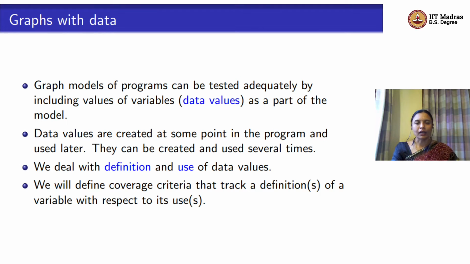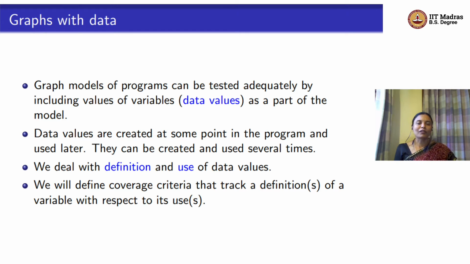How do I add data to graphs? You know that control flow graphs, as models of programs, methods, or functions, can be tested on their own, and they can also be tested by adding values of variables to them. The values of the variables that we add are called data values that belong to the model.